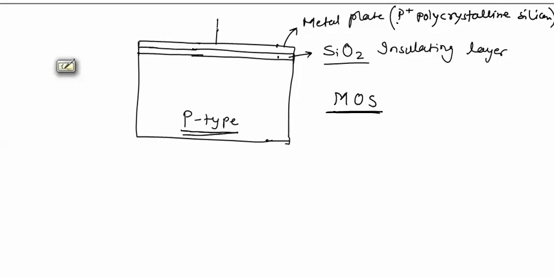And this terminal we will call the gate terminal, and this terminal will be grounded. This will be called the body terminal for this MOS capacitor. Now we will see the operating modes of this MOS capacitor, which will later be used in MOSFETs.